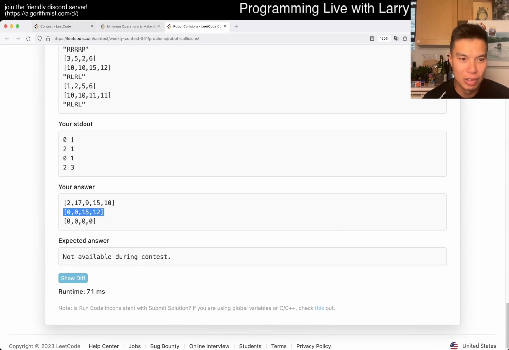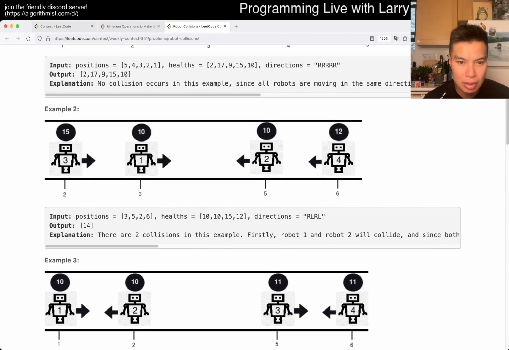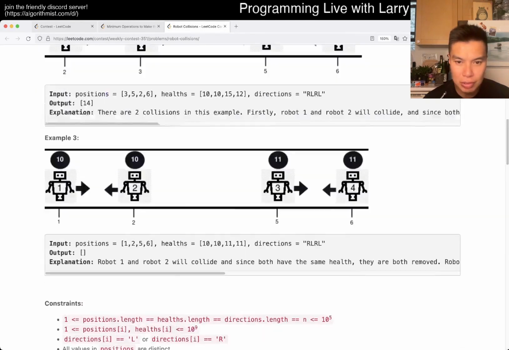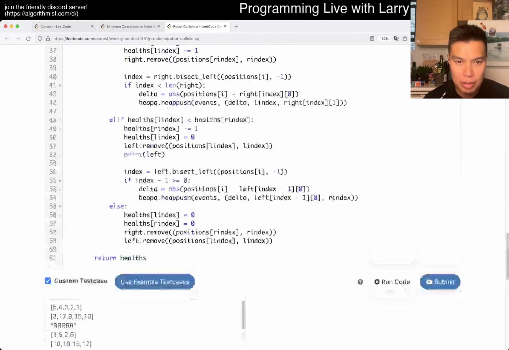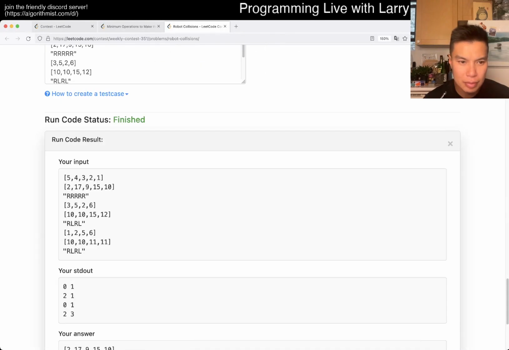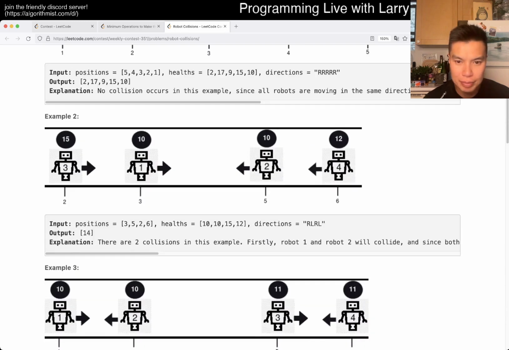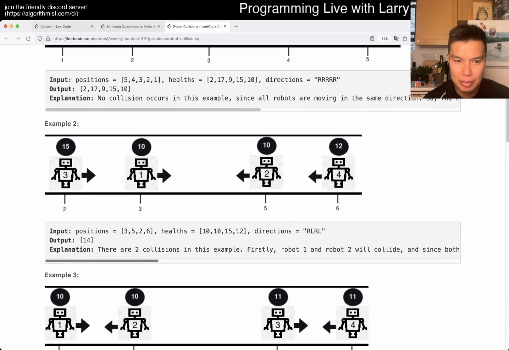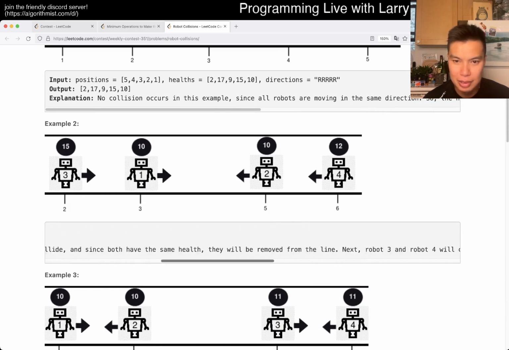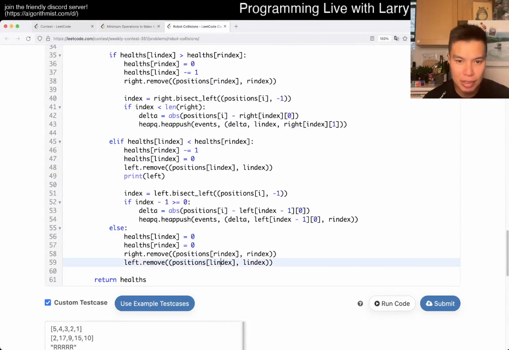But this one's wrong. 0, 0, 15, 12. Why? This example, 1 and 2 will collide. They're both removed. Oh, I didn't remove them from here. Oh, yeah, I do. Huh.